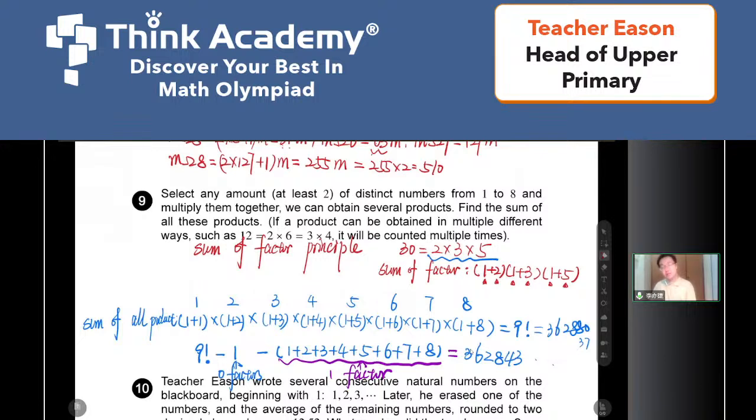Because it's 1 to 8, you can try to find a pattern starting from 1 to 2, 1 to 3, and 1 to 4. But this pattern is not that easy to find. Following this, the pattern would be: if 1 to m, the sum of products is (m plus 1)! minus 1.